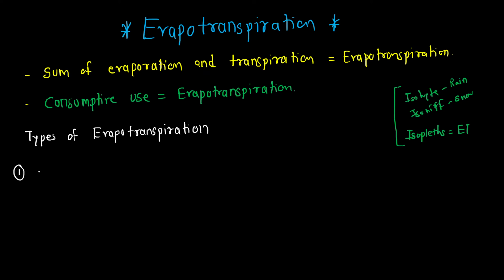First one is called PET and the second one is called AET. The PET stands for potential evapotranspiration. AET stands for actual evapotranspiration.